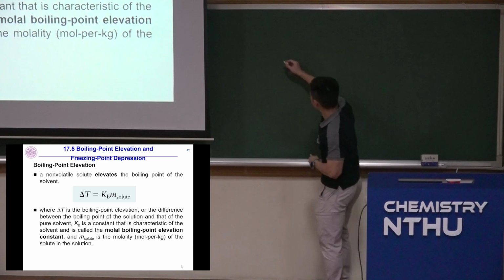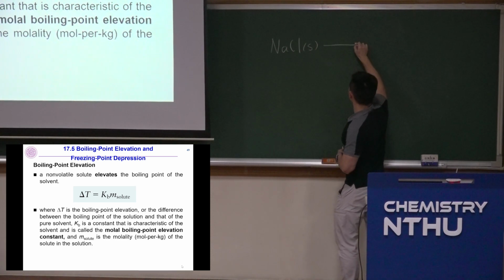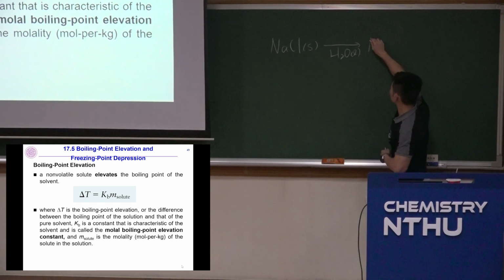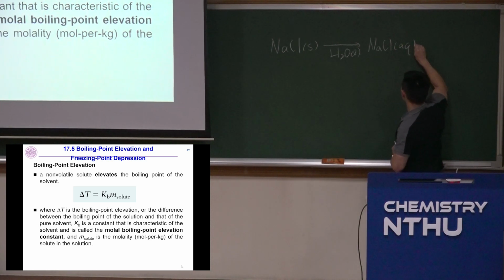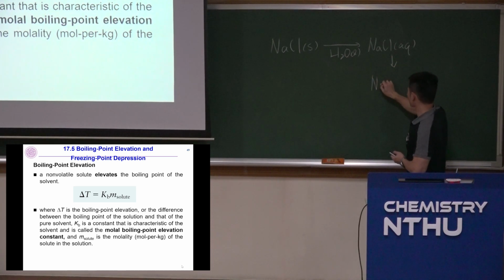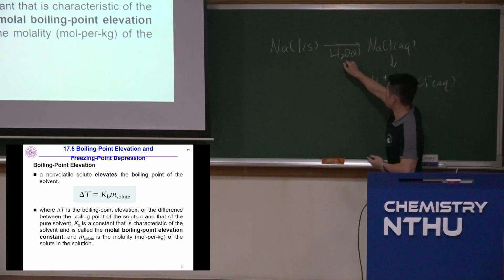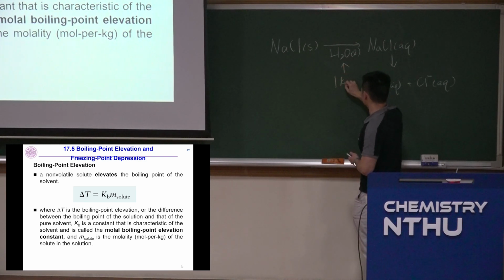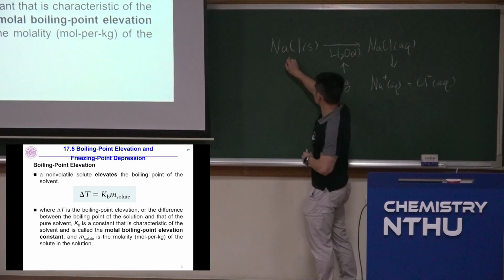So for example, we have sodium chloride, and we just give it to water, right? Dissolve it in water. If you are lazy, you're going to write it like this, right? It's vigorous. But in reality, it's not. So let's say we have 1 liter, 1 kilogram of water, and let's say we start with 1 mole of sodium chloride.